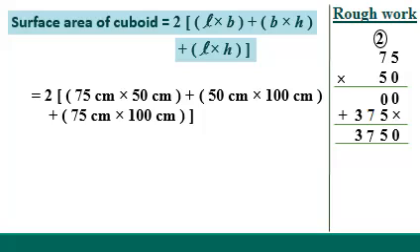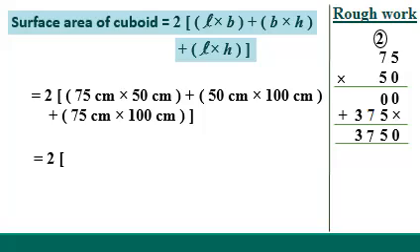Now as I told you earlier that we are going to copy 2 as it is, because firstly we need to solve the round brackets, then we are going to solve the square bracket, and then we are going to multiply the answer of square bracket by 2 to get the surface area of a cuboid. So let's write down 2 and the square bracket as it is.